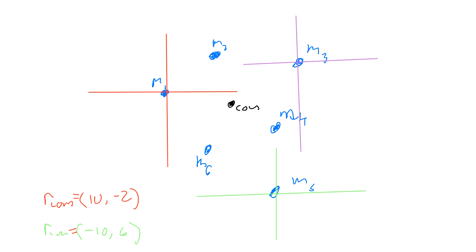And now for the purple one, we're in the 3rd quadrant, right? So R_COM might be -8, -7, right? And you can put the units on all these.